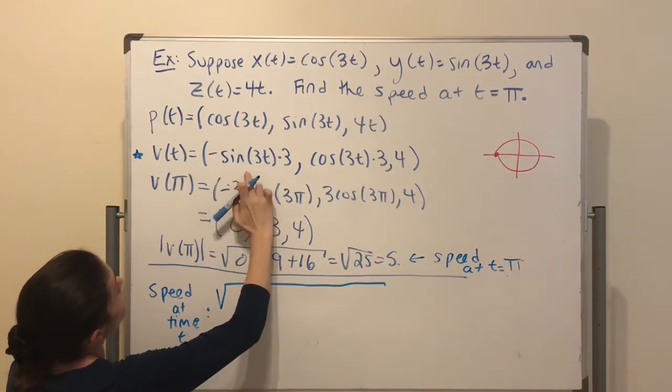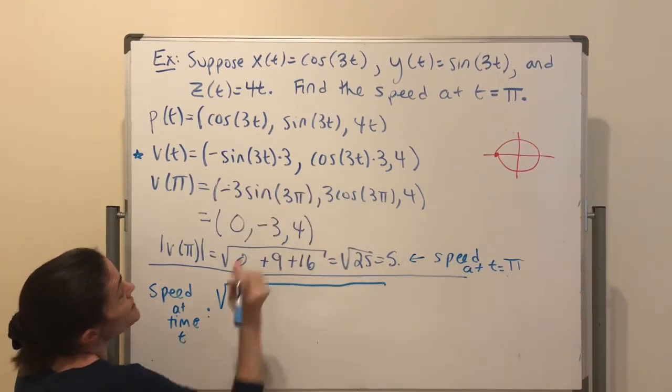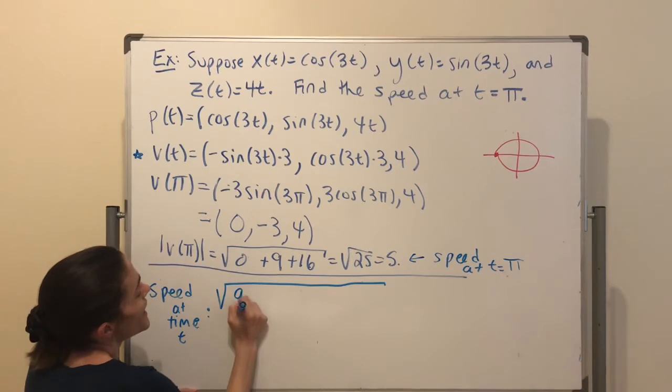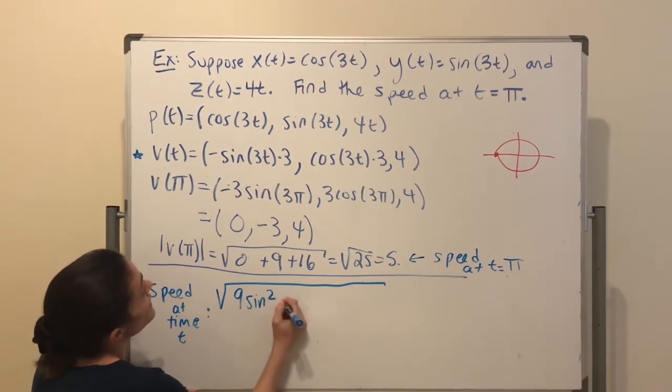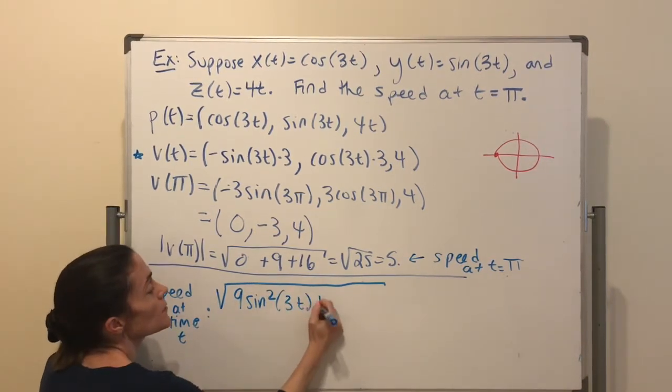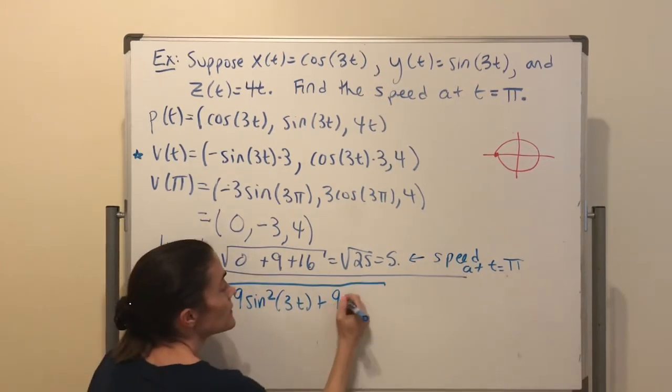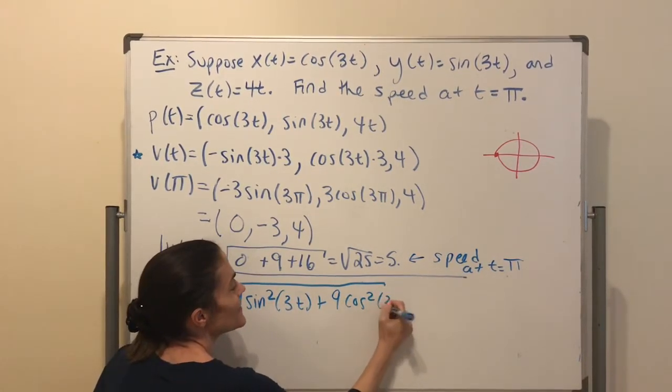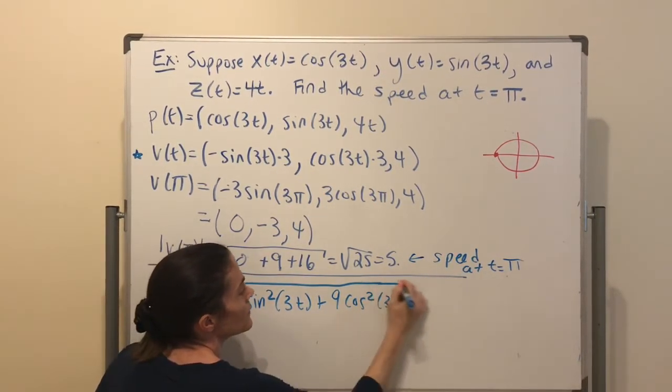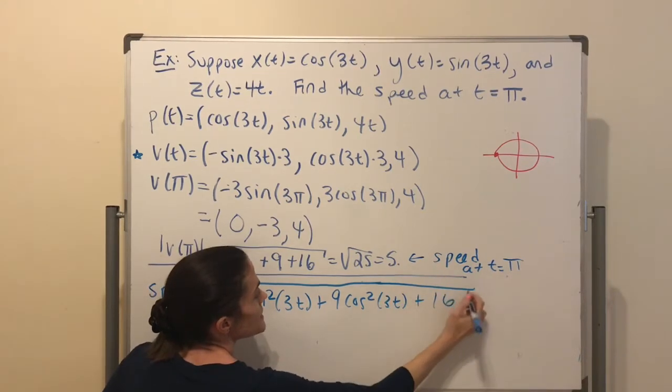Okay, we look at each component squared. So we will have 9 sine squared of 3t plus 9 cosine squared of 3t plus 16.